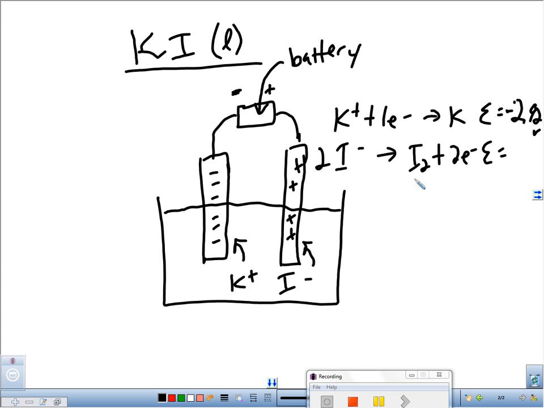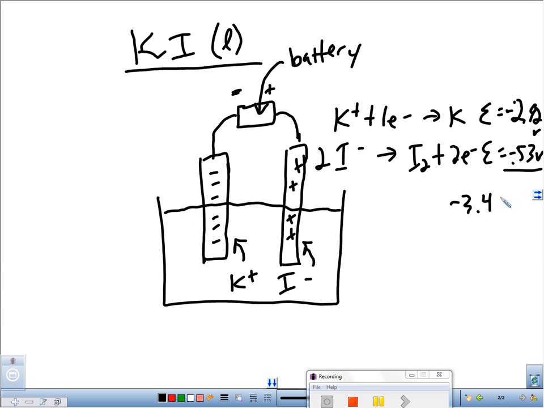Is that the reduction potential? Okay, we flipped it though, right? Iodine's being oxidized, so negative 0.53. It's going to take that many volts to make this happen. I have to add those up. What do I get? Minus 3.45.